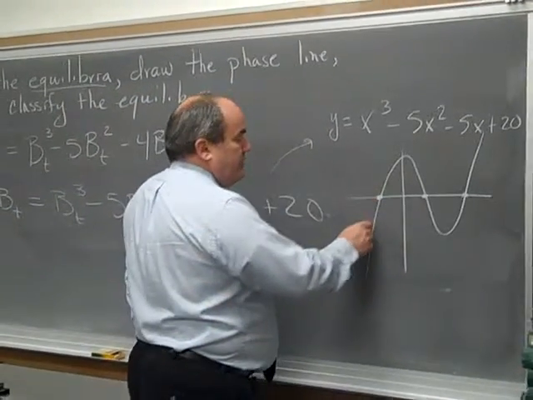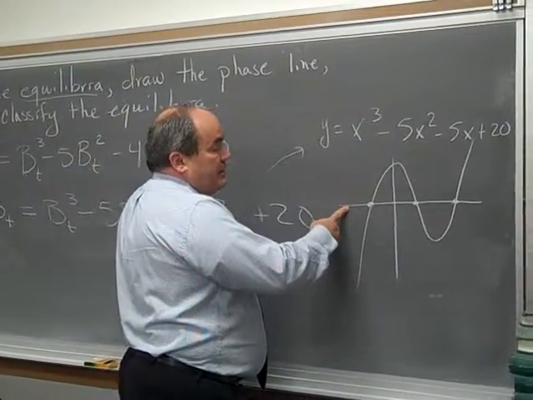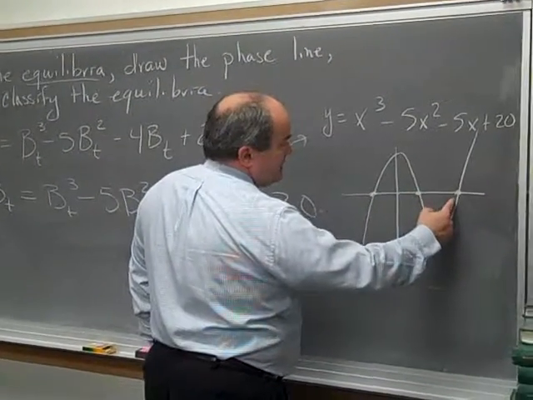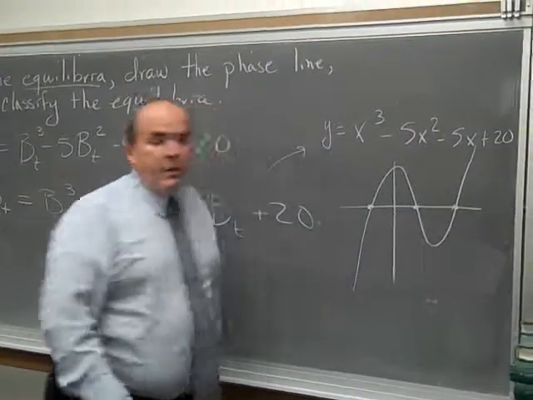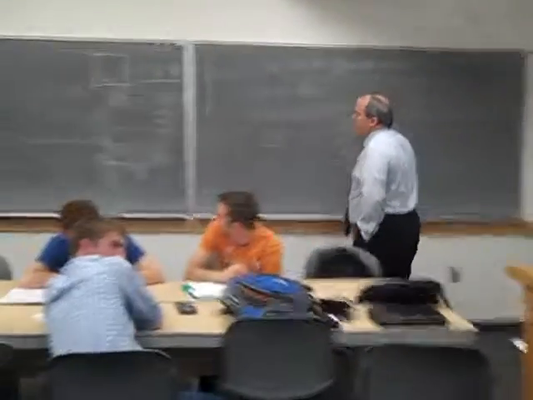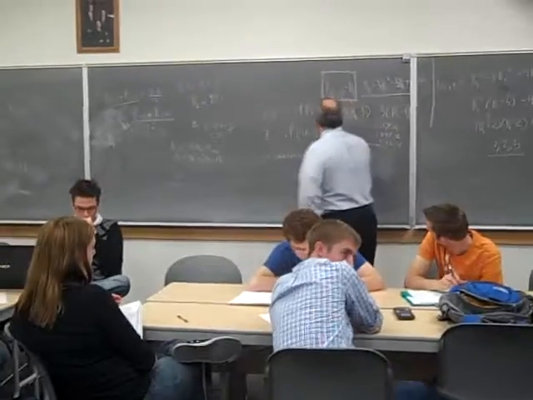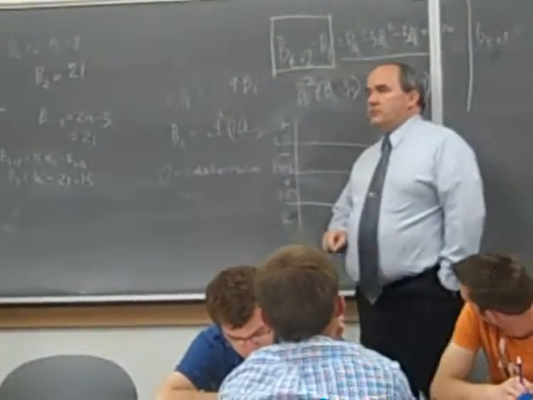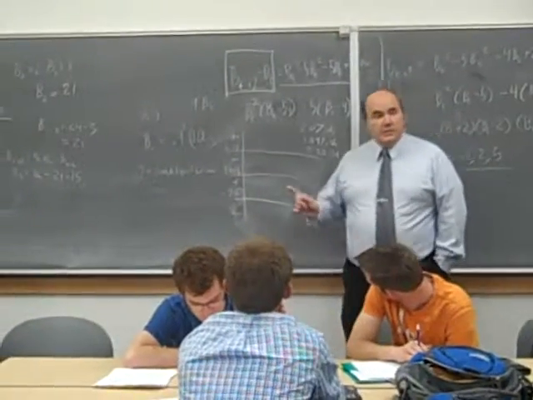So I know that the value is negative if I'm less than negative 2, it's positive in between negative 2 and 2, it's negative between 2 and 5, and it's positive past 5. So if I come over here, I know that I get positive values here, negative there, positive there, and negative there. Does that make sense?